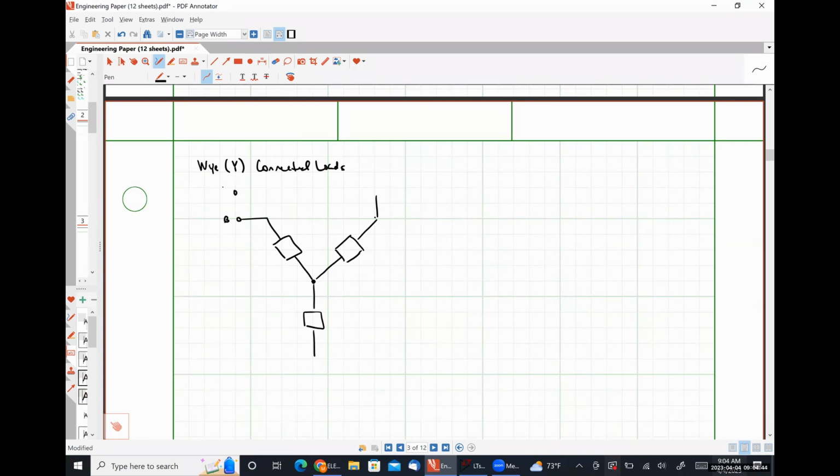Up here is going to be my A terminal. Down here will be my C terminal. Here in the middle-ish will be my neutral terminal. So this impedance is ZYA, so it's the A phase impedance for this Y connected load. This is going to be ZYB. This is going to be ZYC.